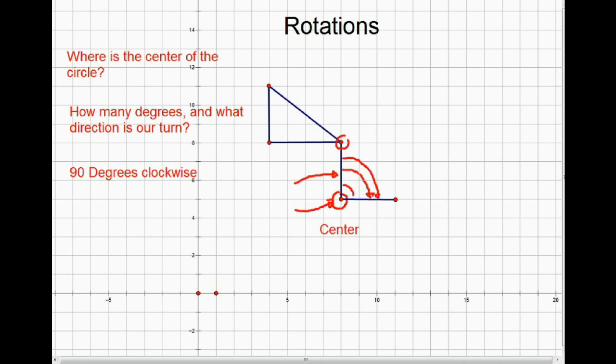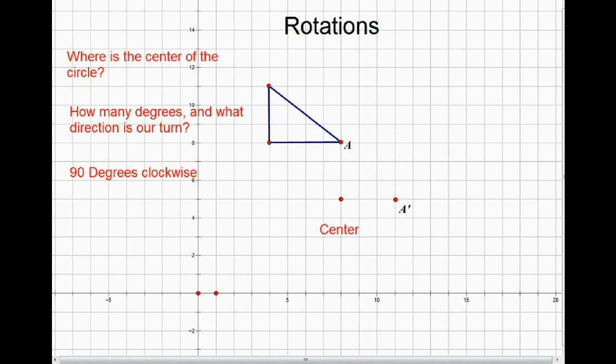So this vertex ends up here. So if this is our original vertex, after a 90 degree turn clockwise, where this is the center, our rotated vertex ends up here. So we'll call that A prime.